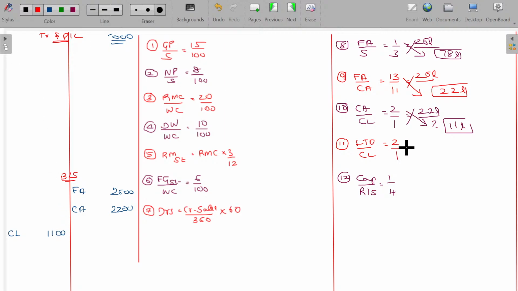Long-term debt to current liabilities. Current liabilities 11 lakhs we got already from working note number 10. So long-term debt should be 22 lakhs, 2200.